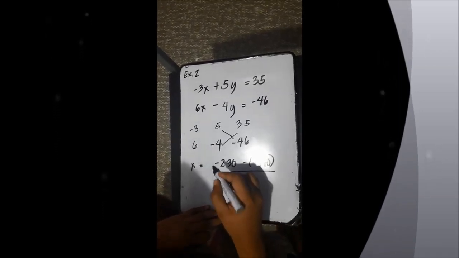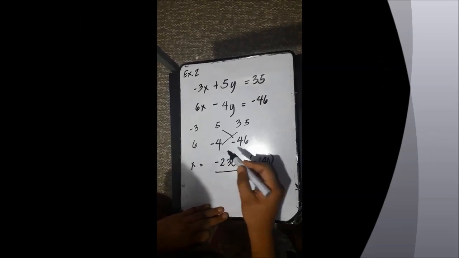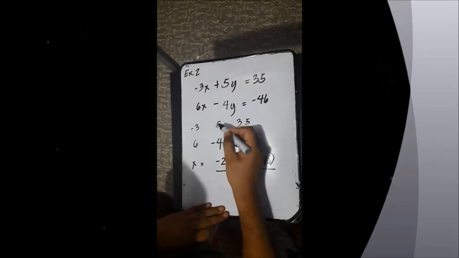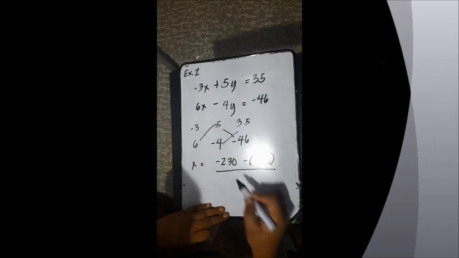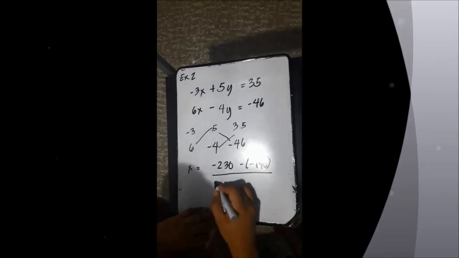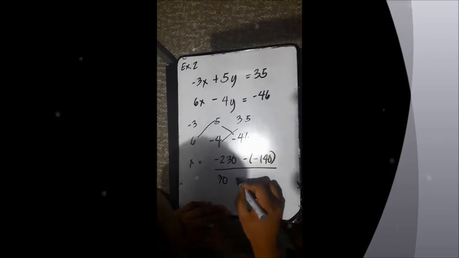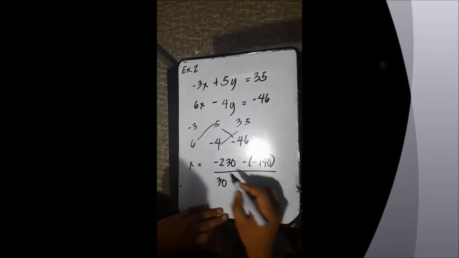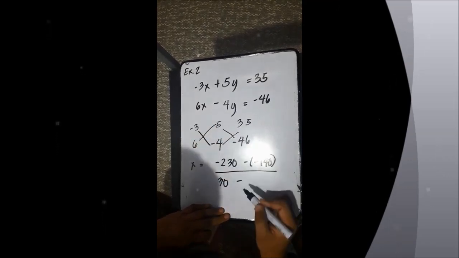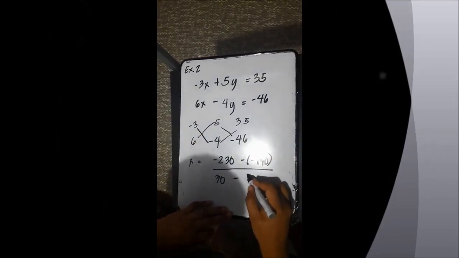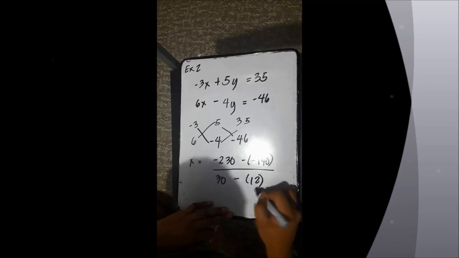And second part, for our denominator, I'll be multiplying the coefficient of y of the first, which is 5, times 6, coefficient of x of the second, that gives me 30, minus negative 3 and negative 4, that gives me positive 12.